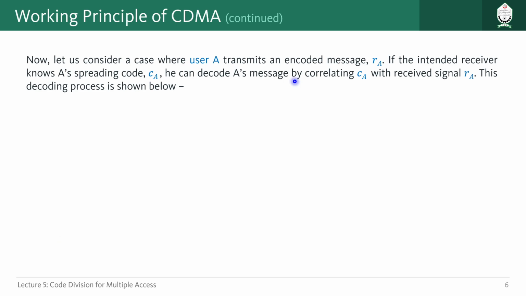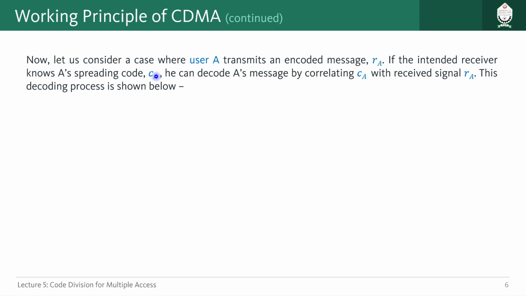Let us consider a case where user A is transmitting information which is R of A. It is called the encoded message because we use the spread spectrum technique: there will be a spreading sequence, and using that our information is encoded. That encoded information is R of A, and the intended receiver wants to decode this signal. To do that, what he needs is the spreading code of user A, which is C of A.